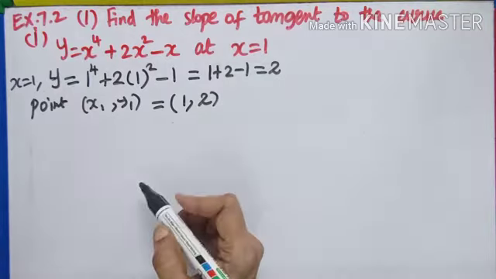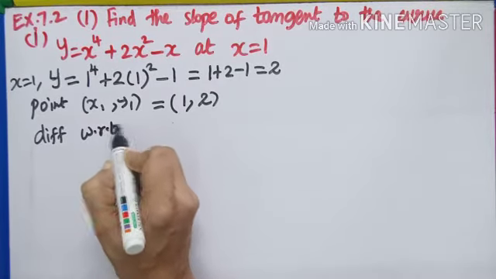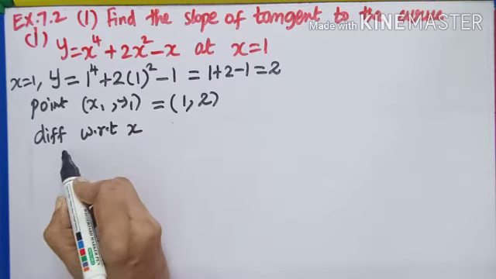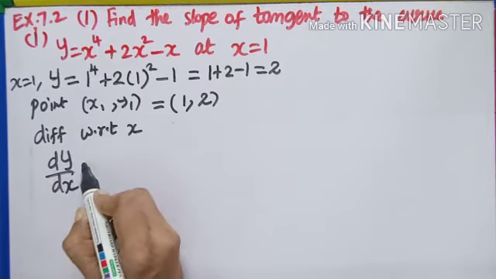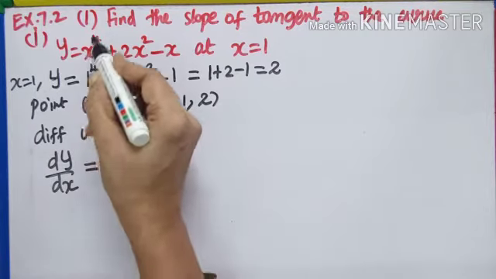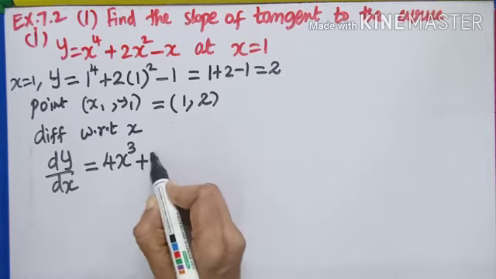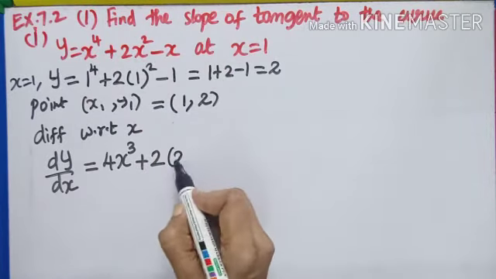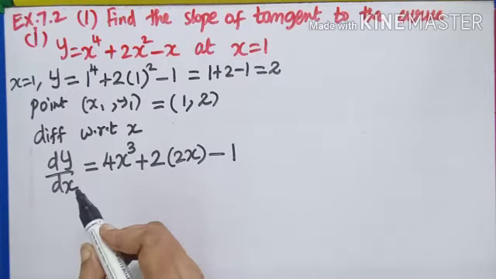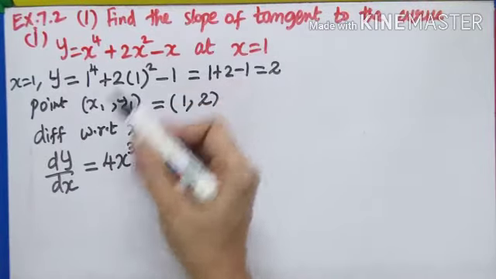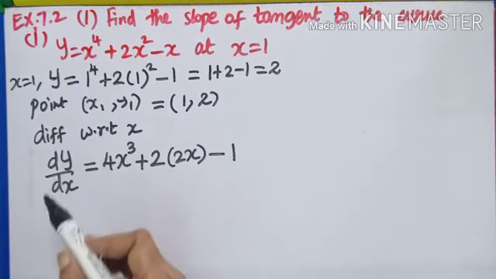To find the slope, let us differentiate with respect to x. y will become dy by dx equals x power 4 will become 4x cube, plus 2 into x square will become 2x, x will become 1. Once again, I need the derivative. When I want the slope, find out dy by dx.